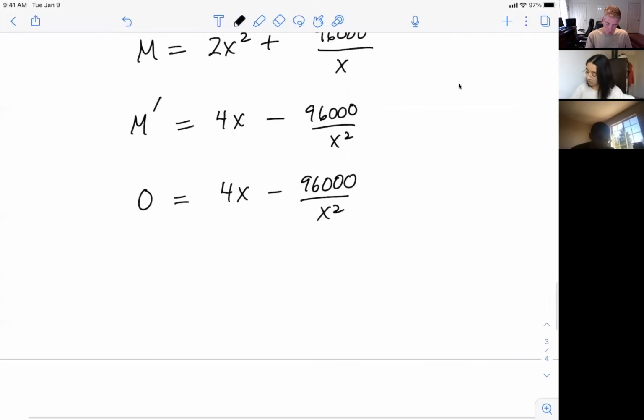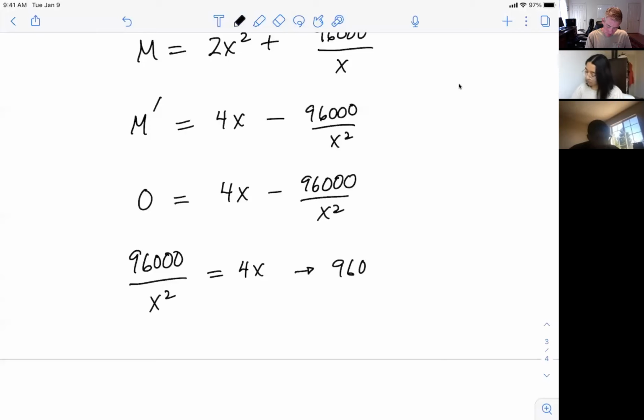So I could take the term with the 96,000 and then add it to both sides. So it becomes a positive 96,000 over x squared, and then equals 4x. And then multiply both sides by x squared.